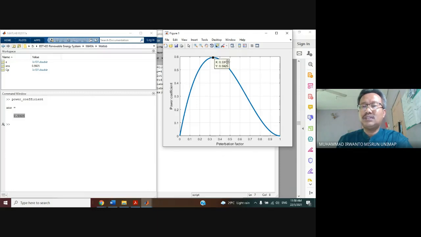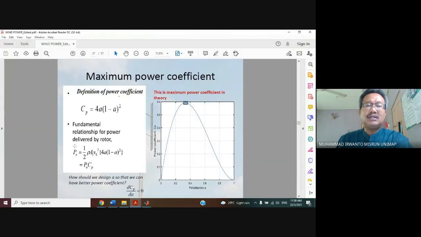This means that the maximum power extracted by the rotor blade, by the wind turbine, is obtained when the perturbation A is 0.33.